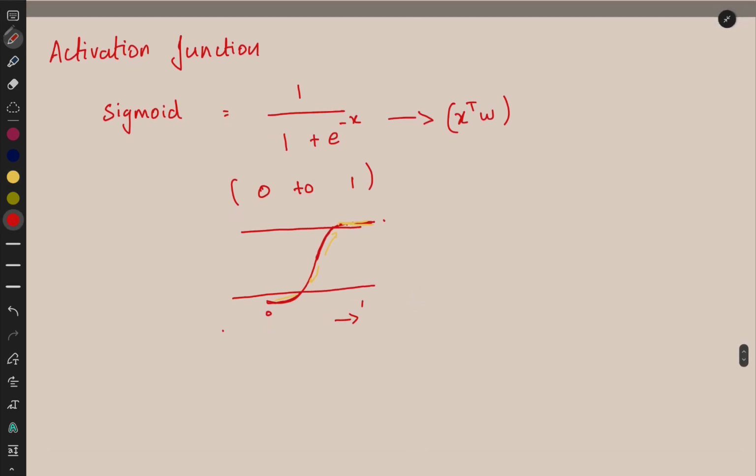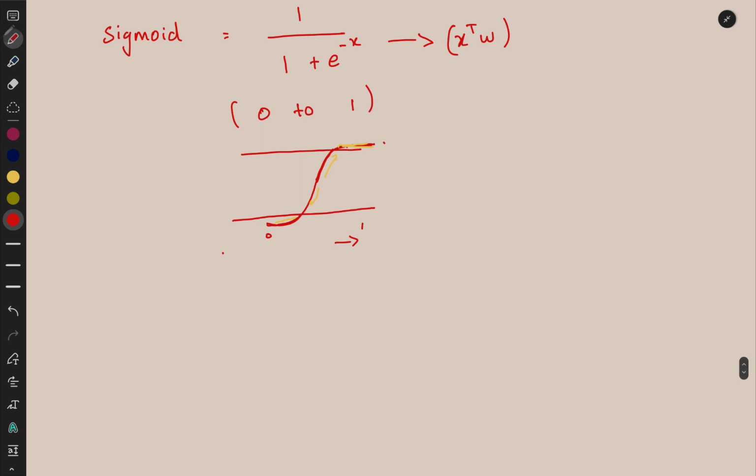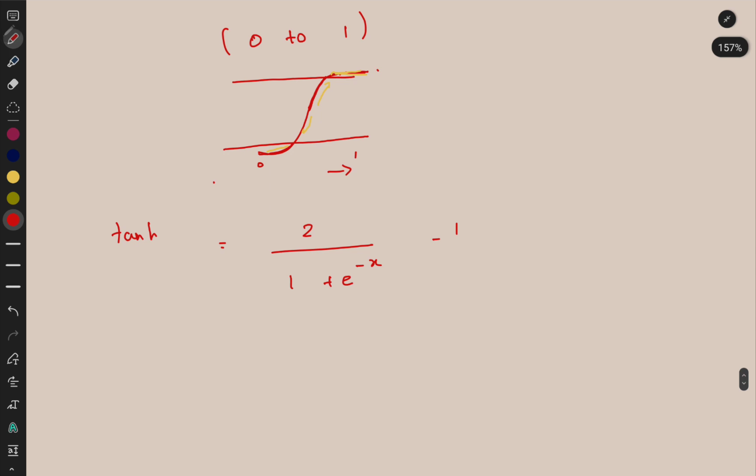Next, the tanh activation function. This is the tanh activation function here. You can also rewrite it as 2 times sigmoid of 2x minus 1.